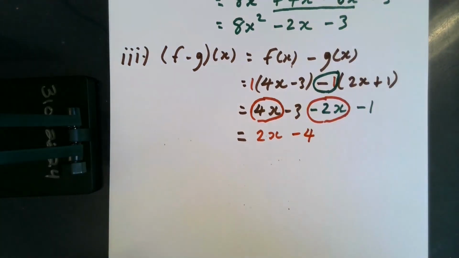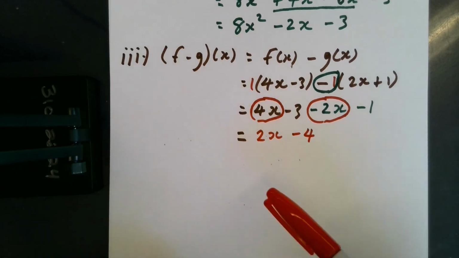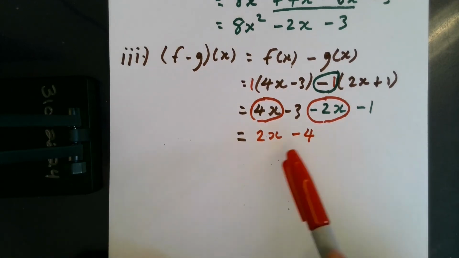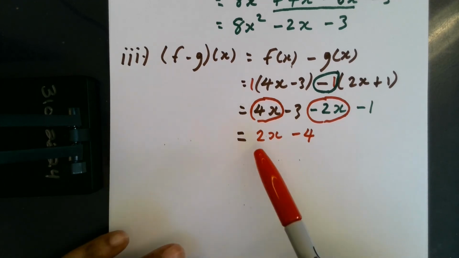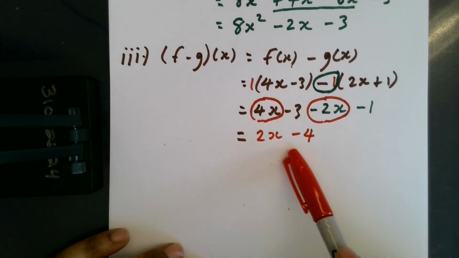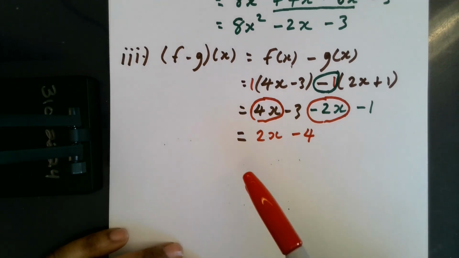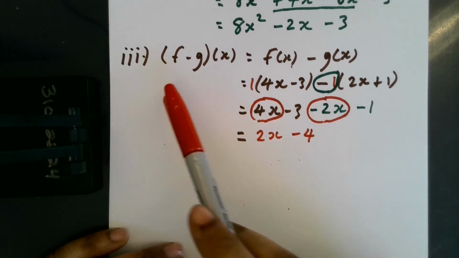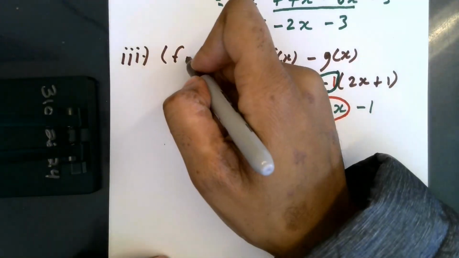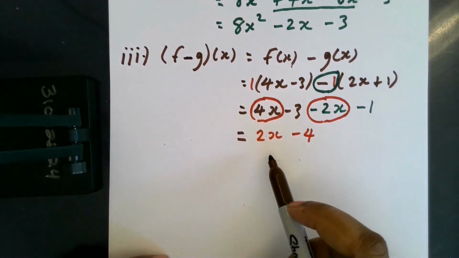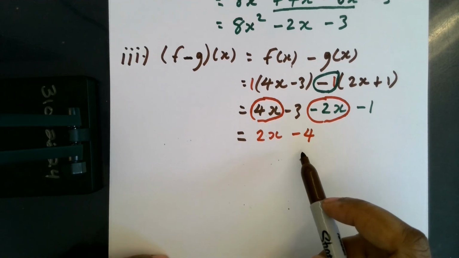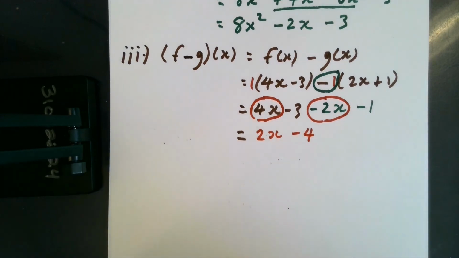All right. Now I could go a step further. I could factor out a GCF of 2 to rewrite this expression, but for today's presentation, I am going to leave my answer the way it is. Okay. All right. So my answer to the question f minus g of x is 2x take away 4. All right. So that's my answer. Okay.